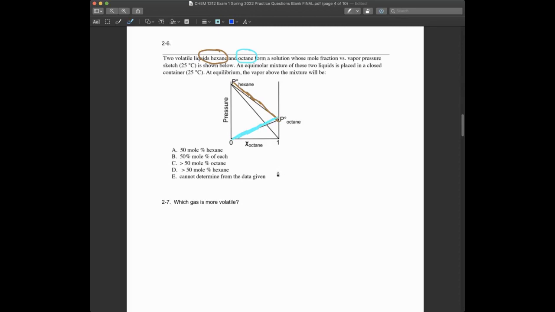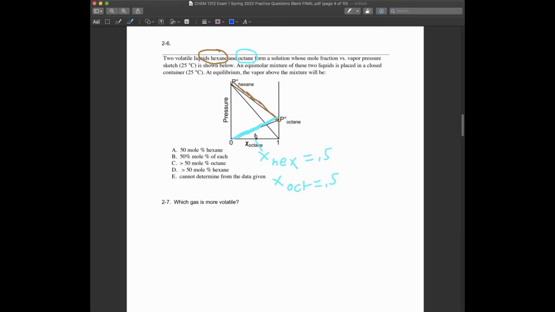To determine what happens at equilibrium, when the mole fraction of both species, hexane and octane, is equal to 0.5, let's compare where they are.